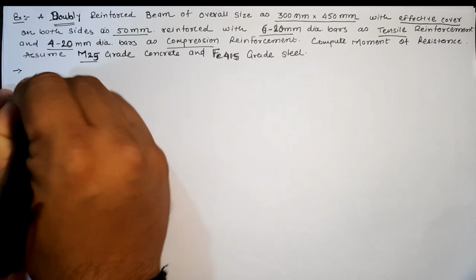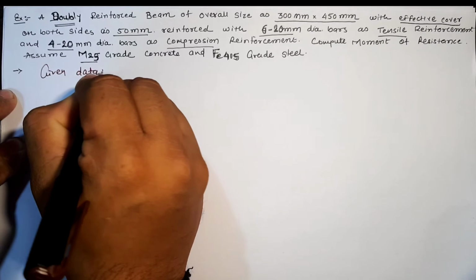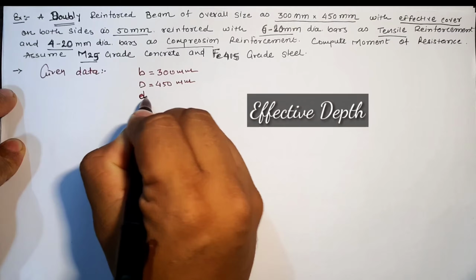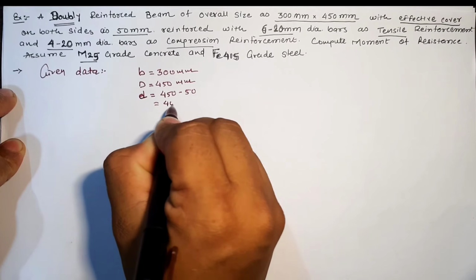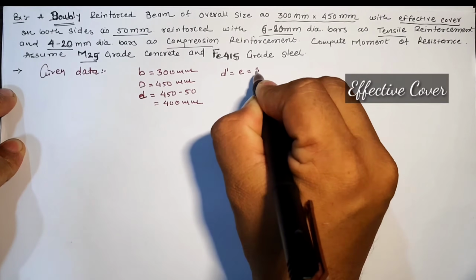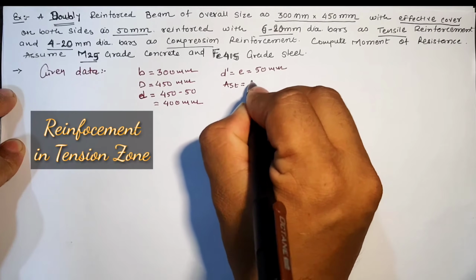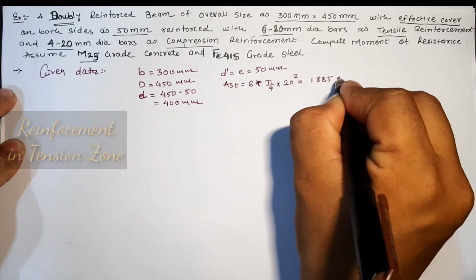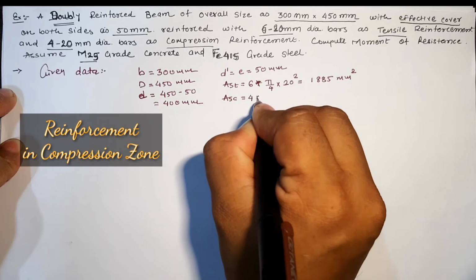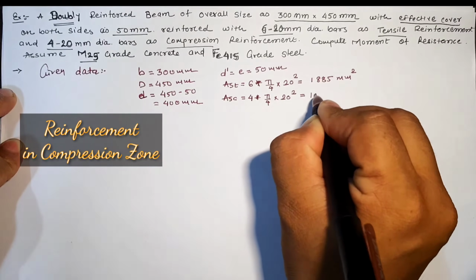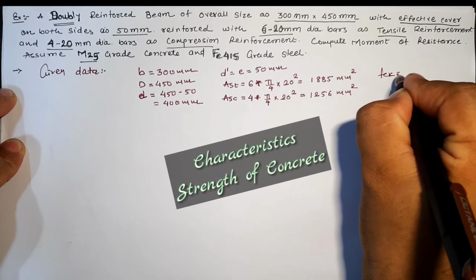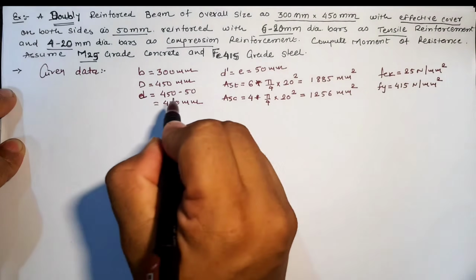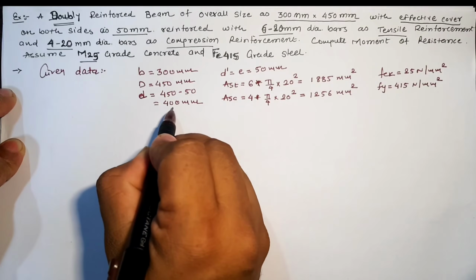So let us go for the solution. Now, from the given data, we have the effective cover as 50 mm and effective depth as 400 mm.